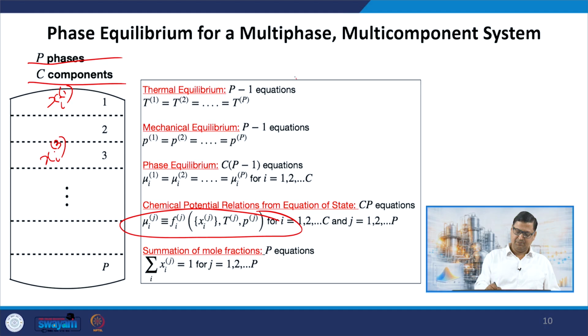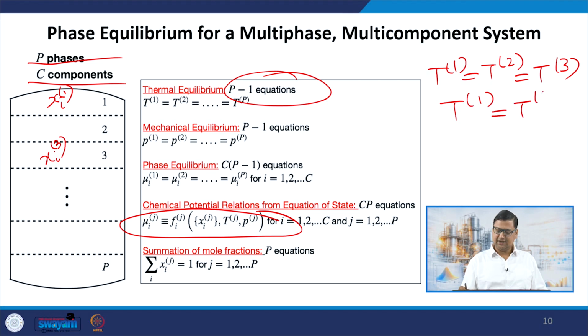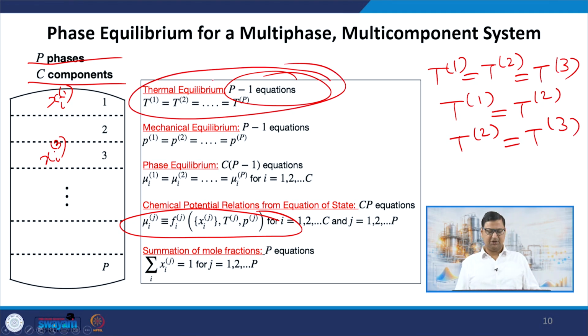So, we have P minus 1 equations coming from here. Why P minus 1? Let us take an example of P equal to 3. So, we have T1 is equal to T2 is equal to T3. That is essentially two equations, T1 equal to T2 and T2 equal to T3, right. So, therefore, in general this is P minus 1 equations, same P minus 1 equations for the mechanical equilibrium, and again we have P minus 1 equations for each component, but we have C components.